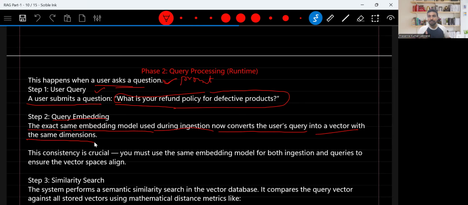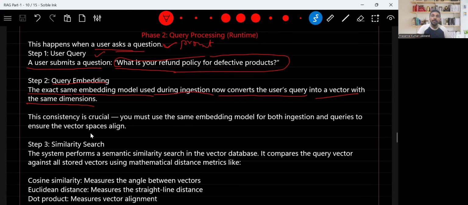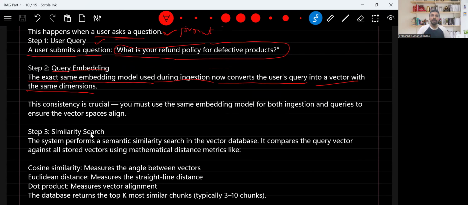Those are numerical, and your query is in words. So we have to convert your query into an embedded vector, so that it will be easy to compare the context and fetch the similar vectors.